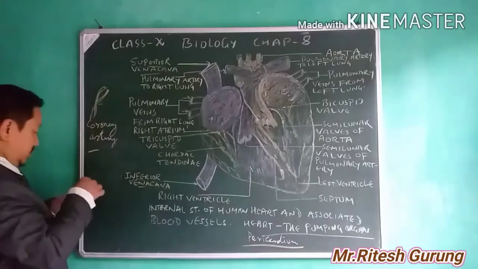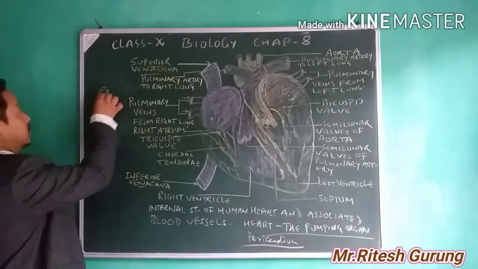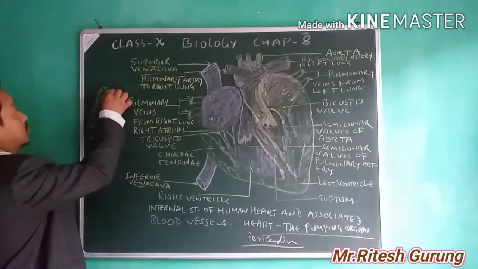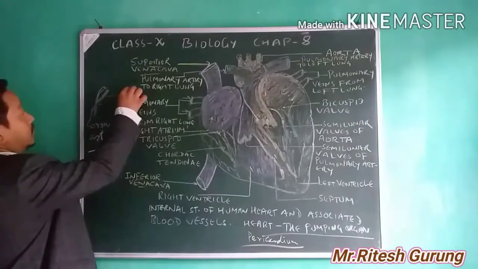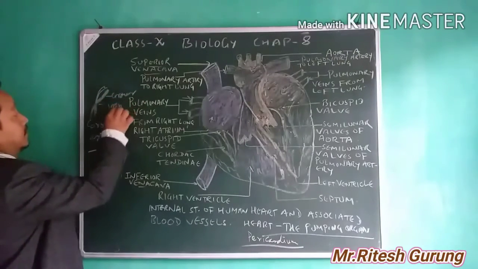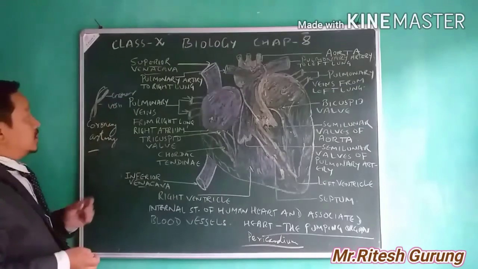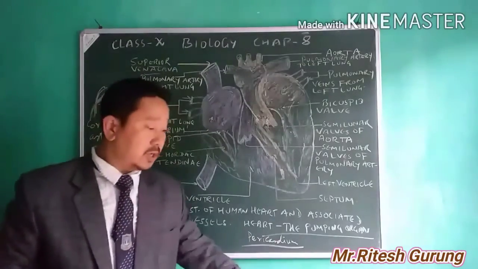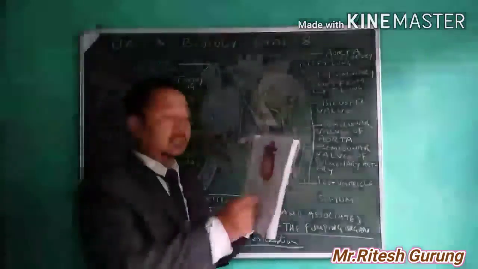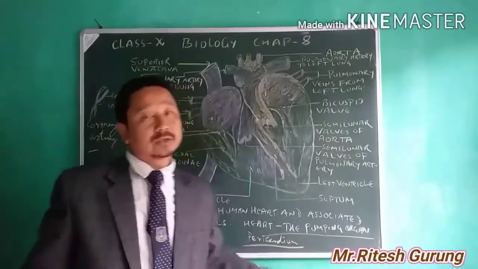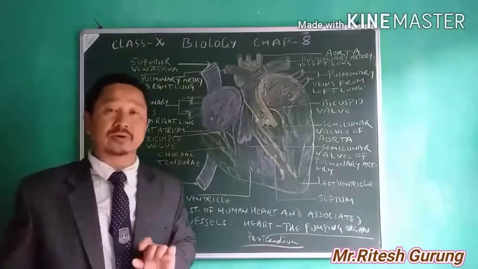One is bluish color, the bluish one is your coronary vein. The other one is a coronary artery. One is drawn in blue color and the other in red color to indicate coronary vein and coronary artery.